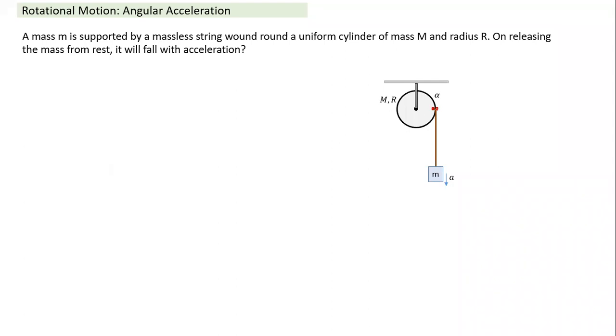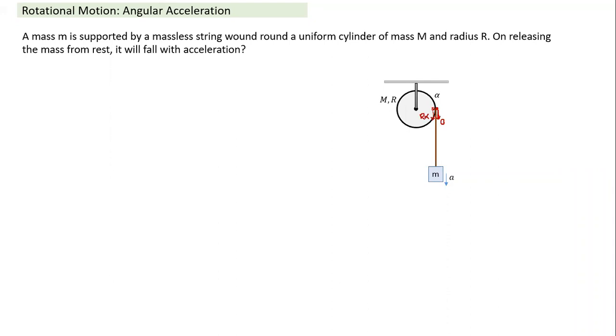So this point on the string has an acceleration of A. Every part of the string which is tangential to the drum will have the same motion as block M. Another point, a negligible distance apart, which is on the cylinder, will have an angular acceleration alpha, and so a linear acceleration of R alpha.